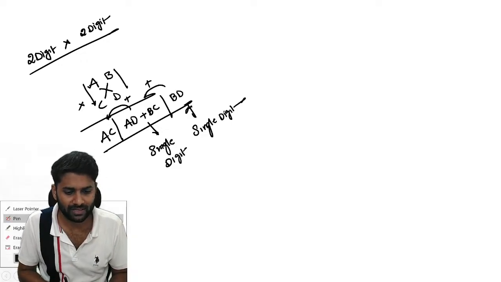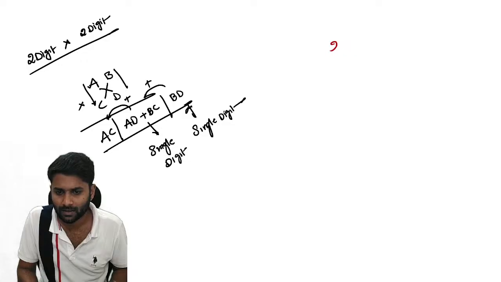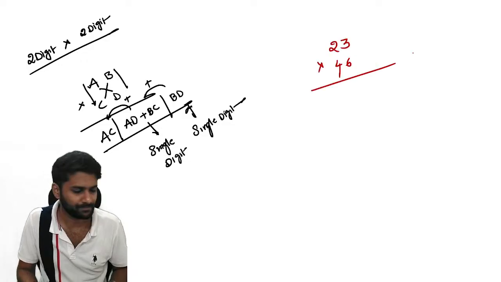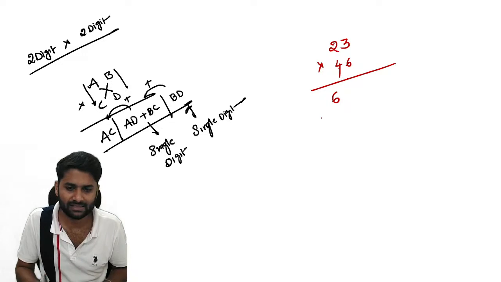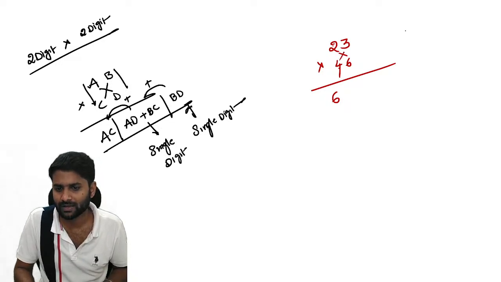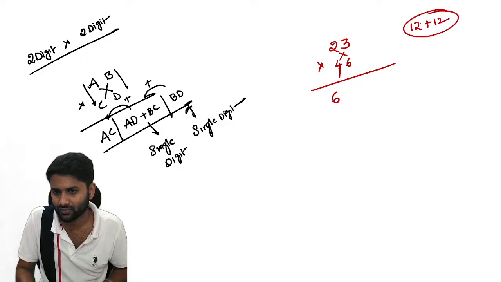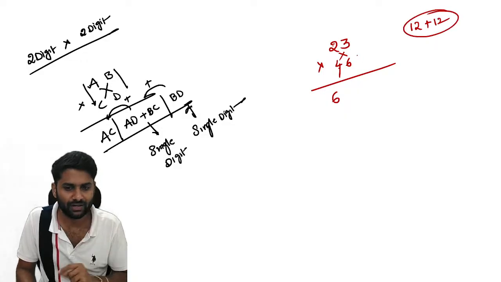Let me help you out with an example. If 23 is multiplied with 46, observe carefully. Step number 1, 2 into 4 is 8. And cross multiply them. So 2 into 6 is 12. 4 into 3 is 12. And the sum value is 24, right?